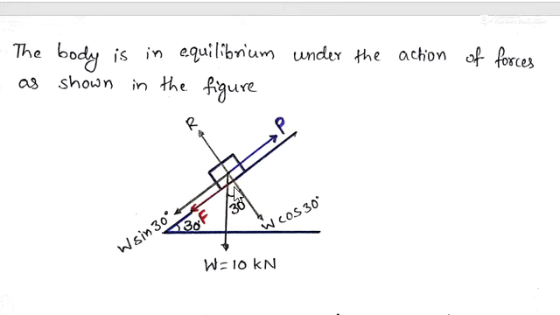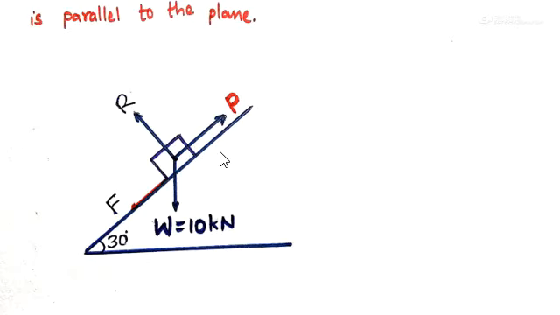If you see this figure, first of all the body is moving up the plane because of the force P. R is the normal reaction which is applied by the surface on the body, and we know weight of the body will act vertically downwards. So if you observe this diagram, P is applied here and the weight of the body is vertically acting downwards, and R is the normal reaction applied by this inclined surface on the body, and when the body is trying to move upward, frictional force will act downwards.